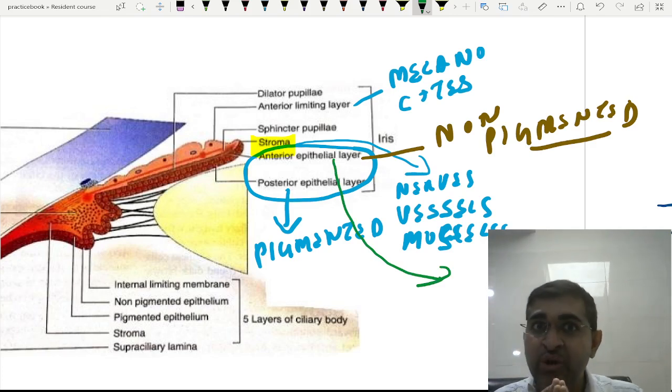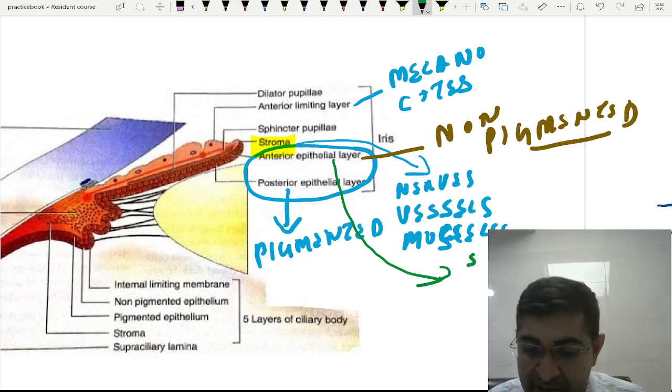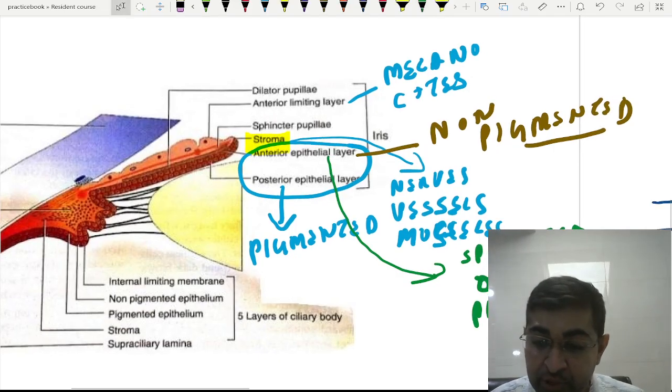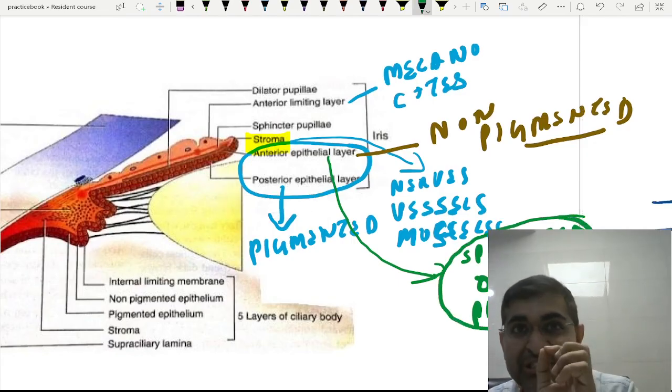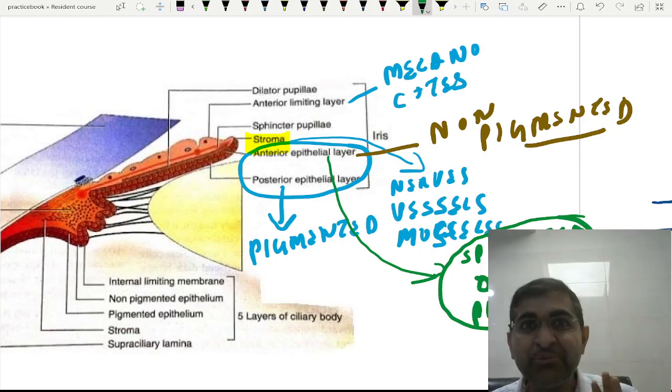And you know, if you are planting a mango tree, you are not going to get guavas out of it, na? So the sphincter and dilator pupillae are not derived from mesenchyme, which leads to stroma formation.